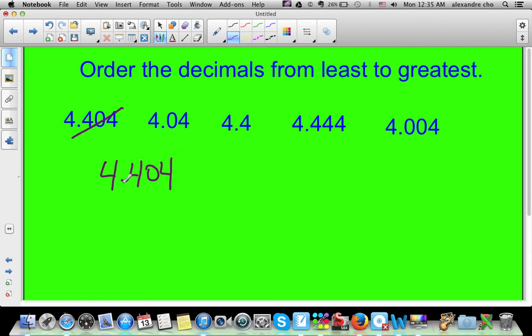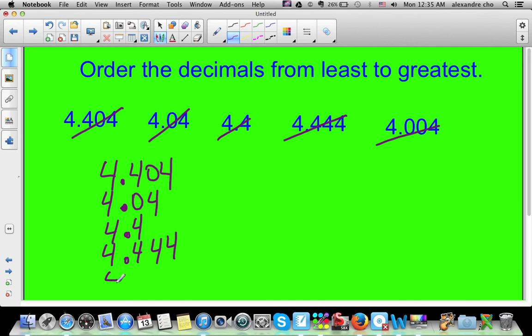And remember, when we're putting decimals under each other, make sure each decimal of each number is lined up like that. Next one will be 4.4. And remember, decimal under decimal, so they are lined up correctly. Then 4.444. And finally, 4.04.